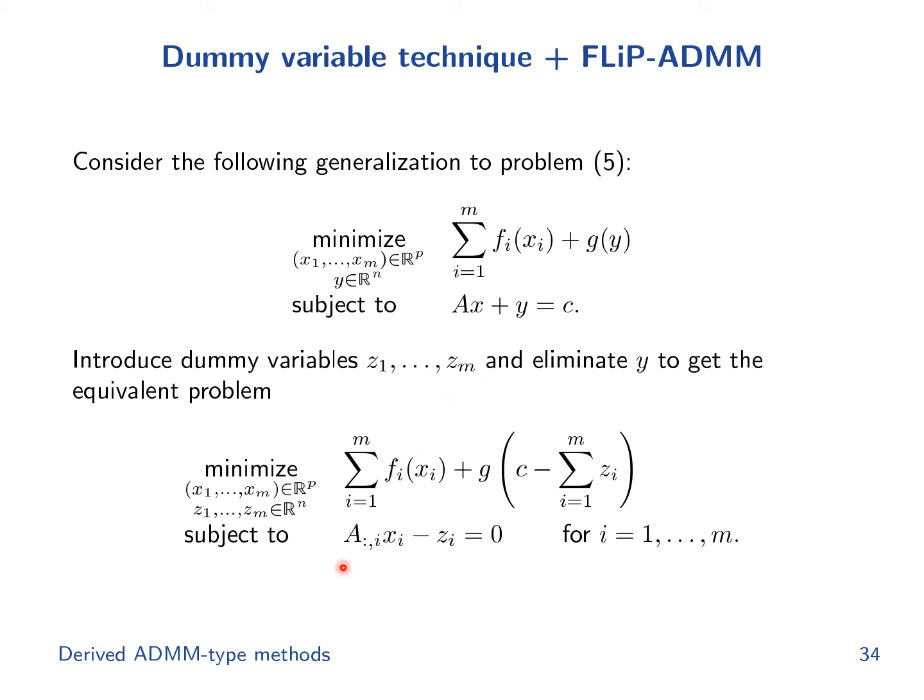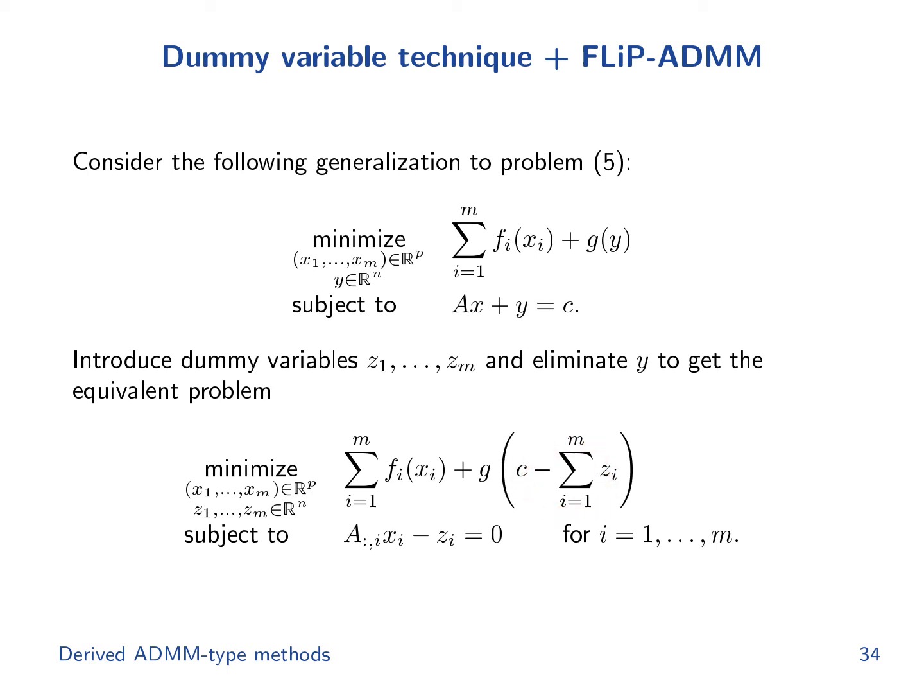To decouple the z_i's to get independent updates of the x_i's, we introduce dummy variables z1 through zm, so that every z_i is equivalent to the i's block of A multiplied by x_i. So in the constraints, all the A_i blocks are independent, all the z_i's are independent. However, the z_i's are coupled in the objective, where c minus the sum is equal to y.